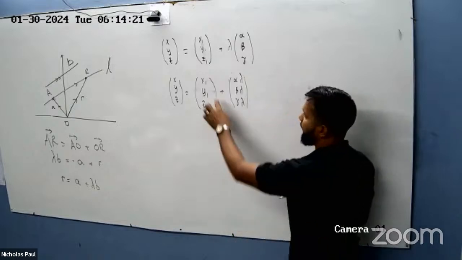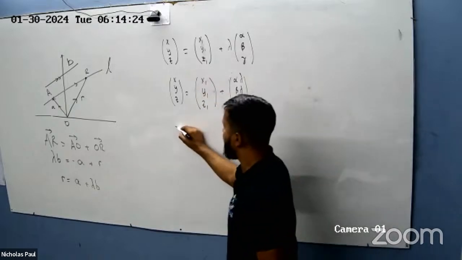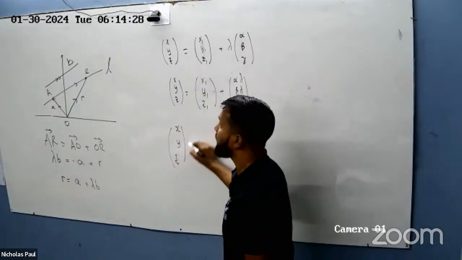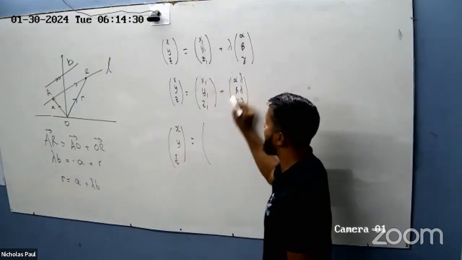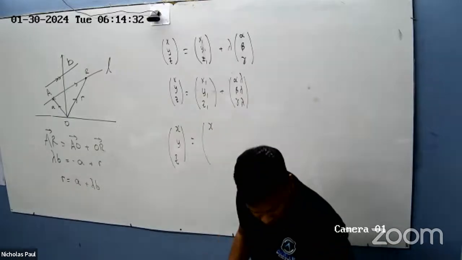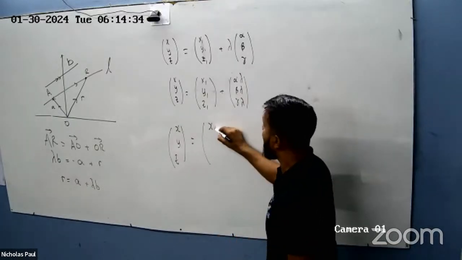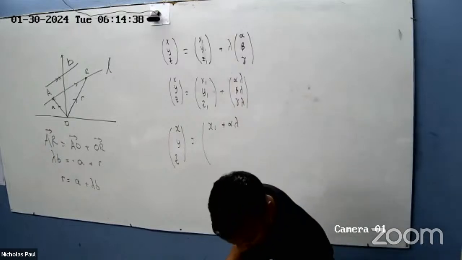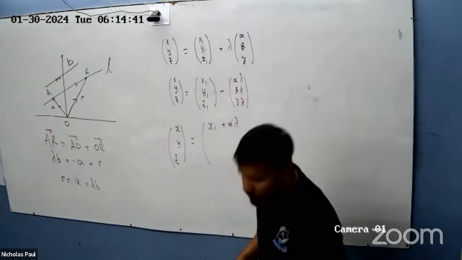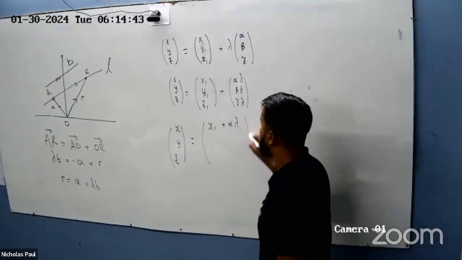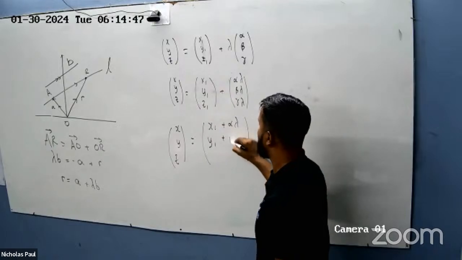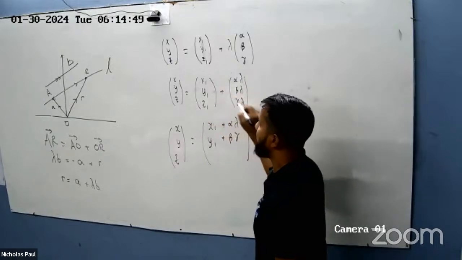Right? And then we're going to add everything up. So you'll get x, y, z is equal to, add everything up. X1 plus alpha lambda. Y1 plus this. And z1 plus this.